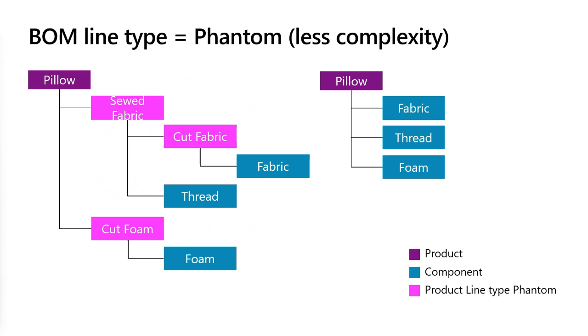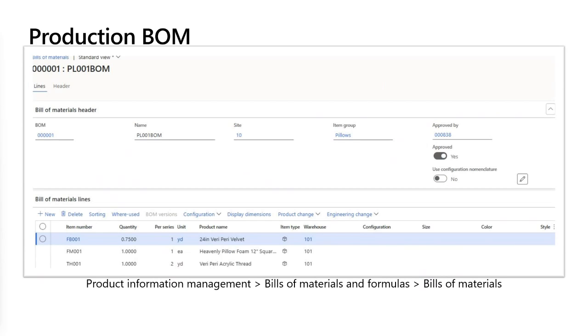In discrete manufacturing, we often see use of more complex bills of materials, so-called multi-level BOMs. A BOM consists of a header, as you will also see later in the demo, that is approved already, so it can be used.